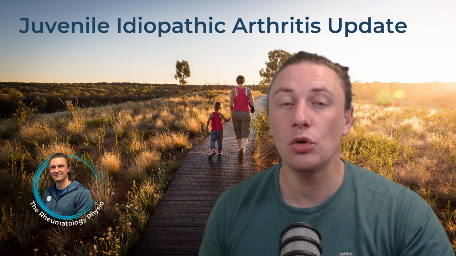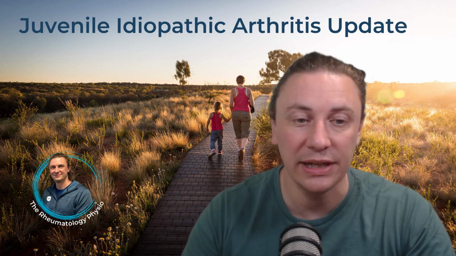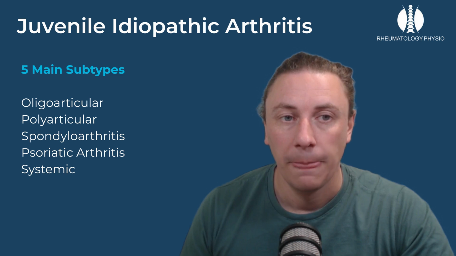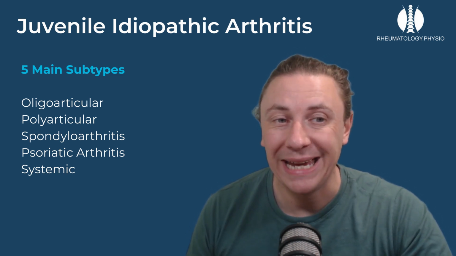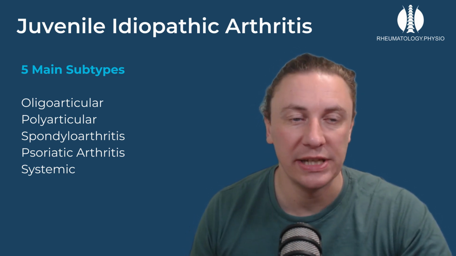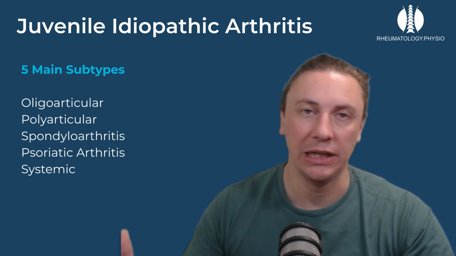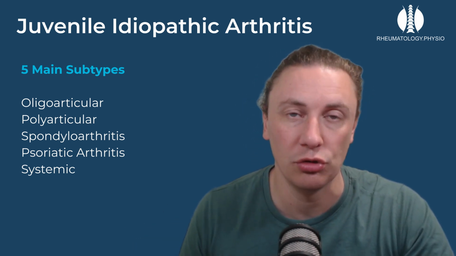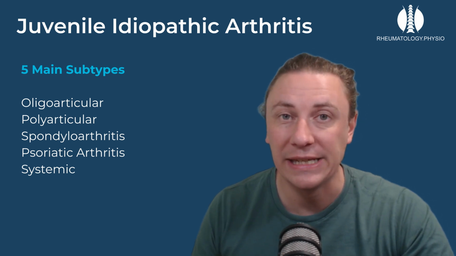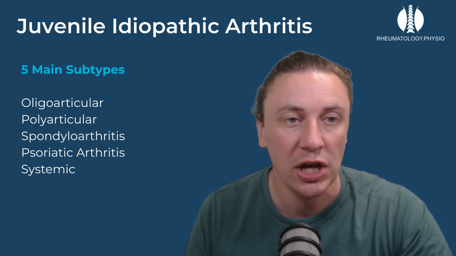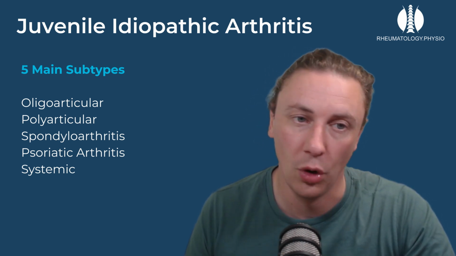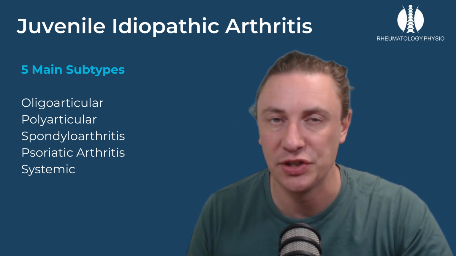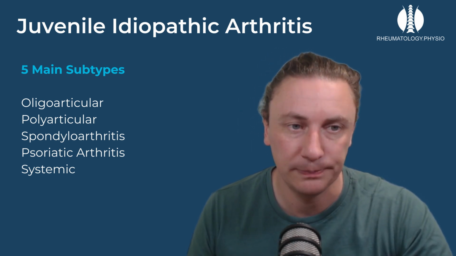So let's talk about juvenile idiopathic arthritis. We have 5 main subtypes, and to be honest, you could break those subtypes down into an absolute load of their own subtypes within it, but we're just going to talk generally about the 5 main subtypes in this webinar, just so that it does not go on for weeks and months of me just listing various different variations of similar problems.